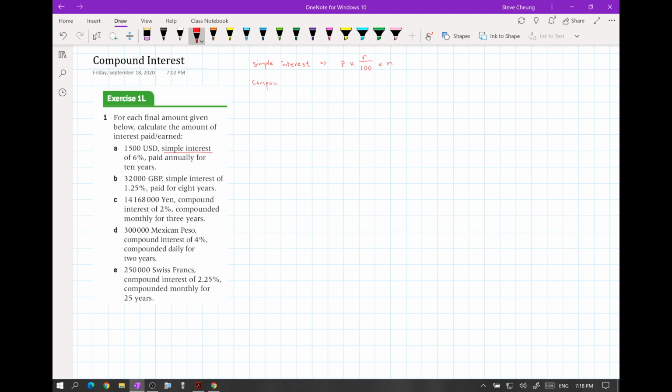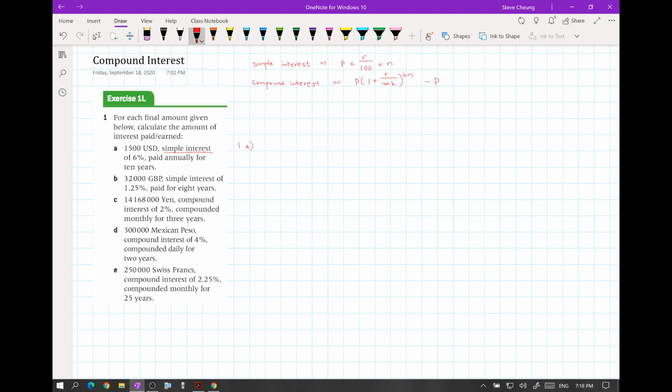And for compound interest, we will take our general formula over here, and we need to subtract the initial amount, just for the interest part. If without the interest part, then you don't have to minus the initial amount.